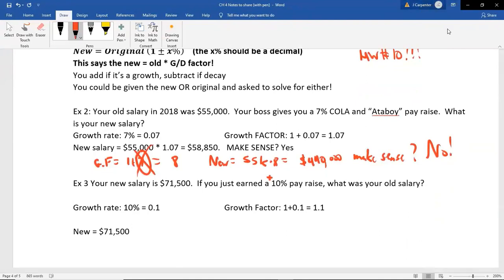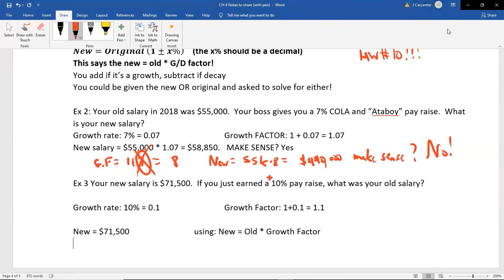So when we use new equals old times the growth factor, I'm just saying growth because it's not decay. And I wrote gold instead of old. Pay attention, put things in the right place.